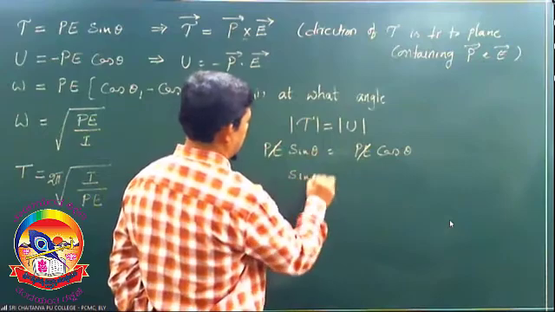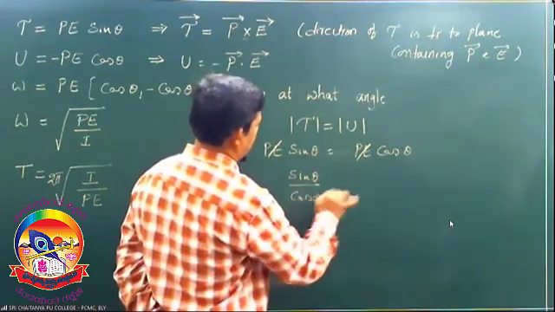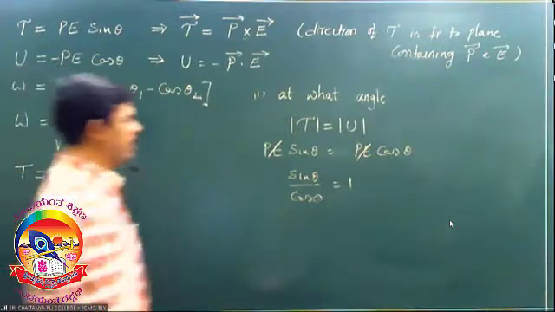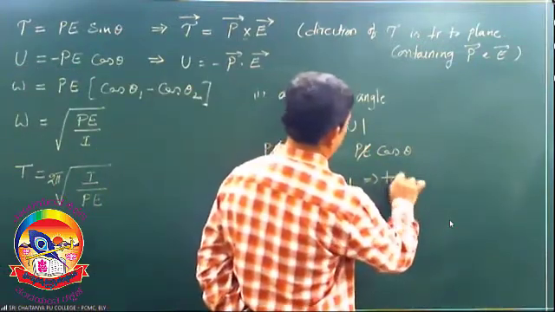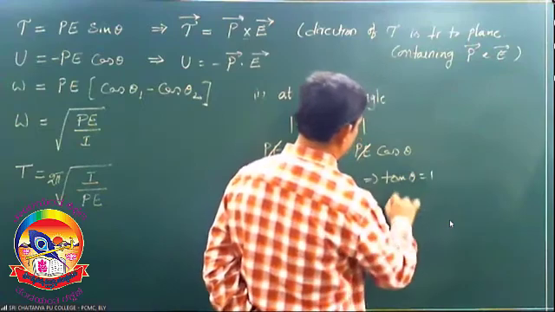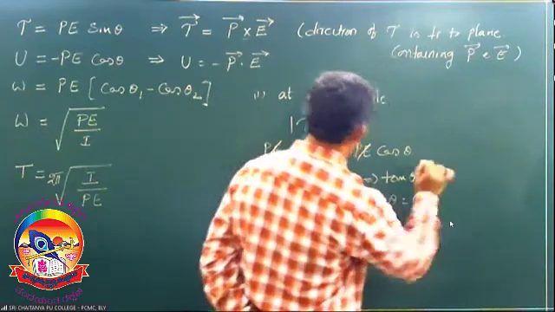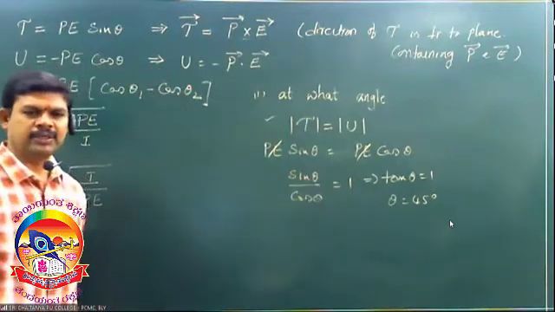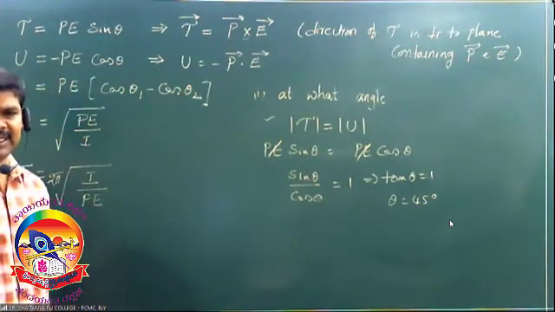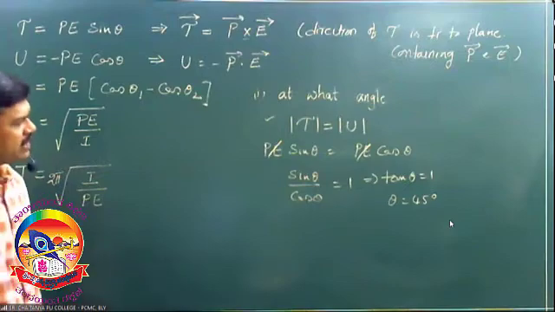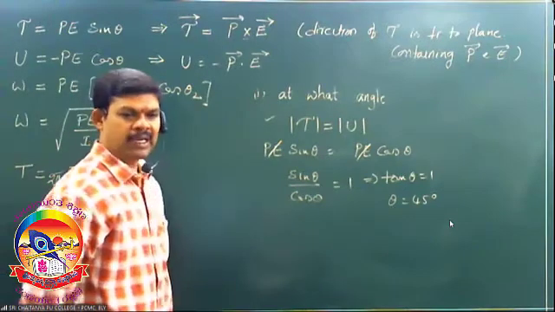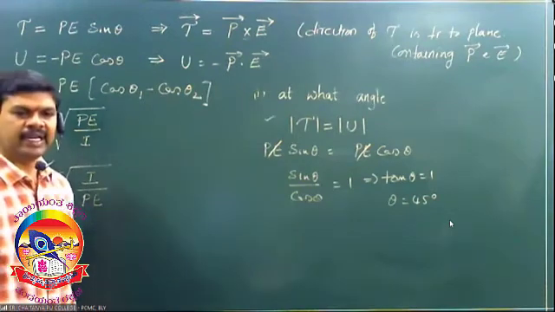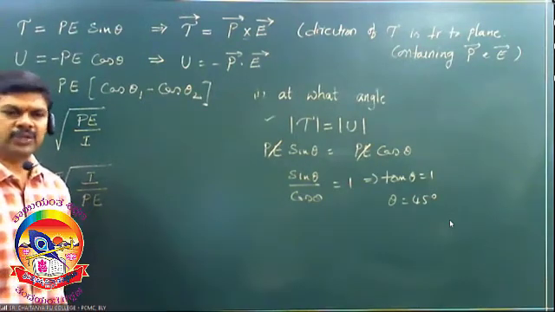Then sin theta by cos theta is equal to 1, tan theta is equal to 1. Here I am clearly mentioning magnitude of torque is equal to magnitude of potential energy. Sometimes they don't mention the word magnitude. Then in that case, simply take T is equal to U and try to solve the problem.